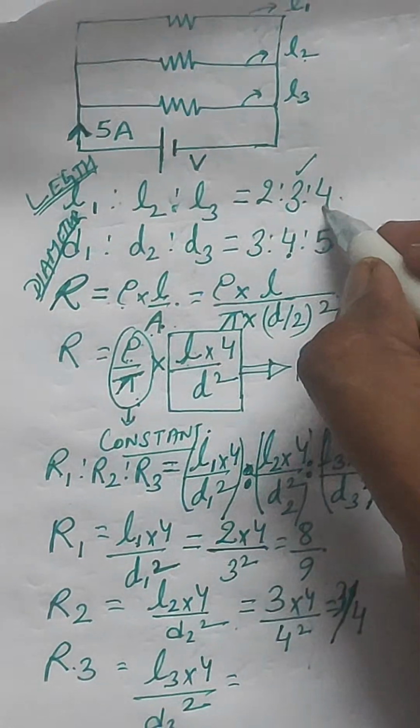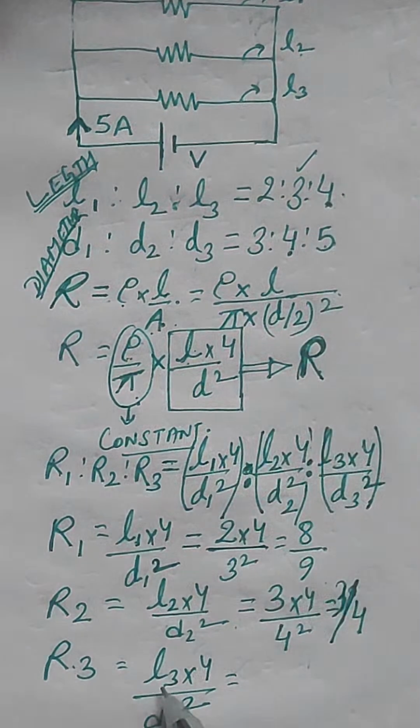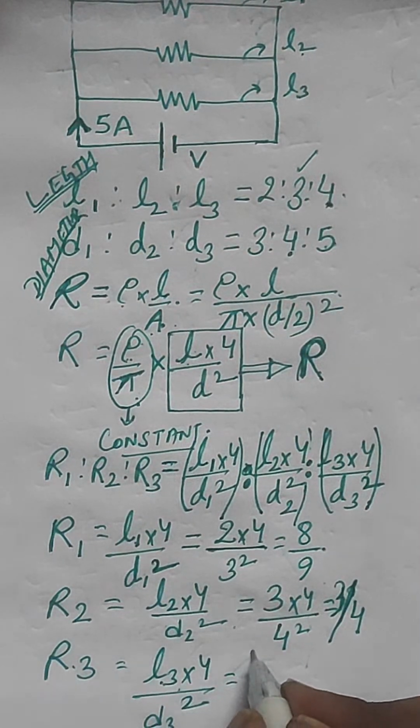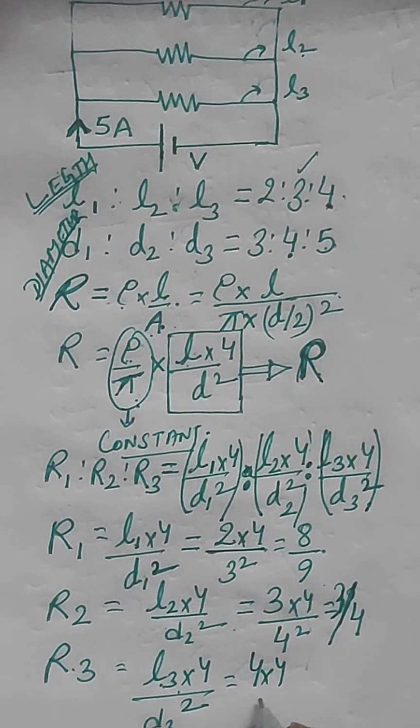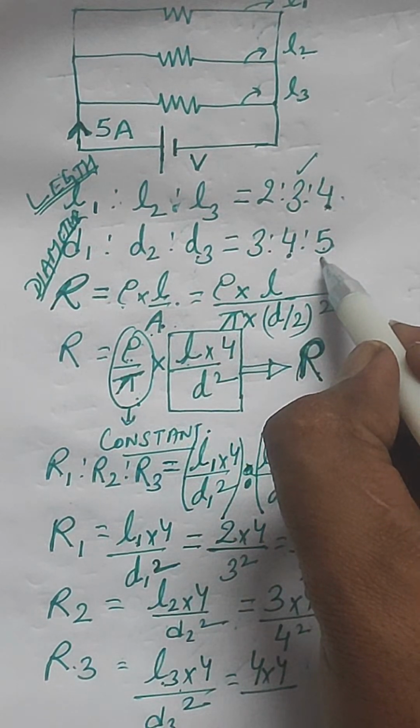R3, the length L3 is 4 here, so just put in place of L3 this 4 into 4 by D3. D3 is nothing but this 5 here.